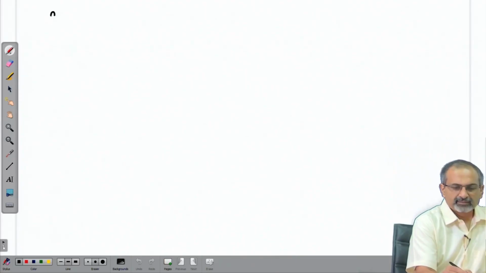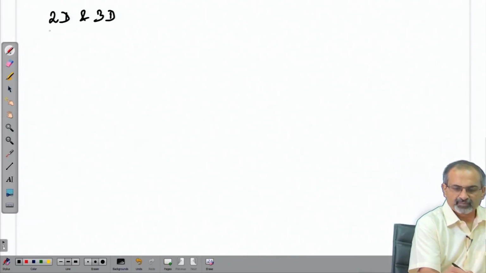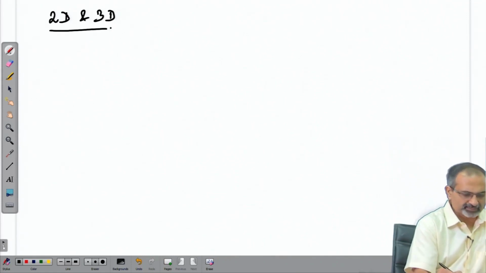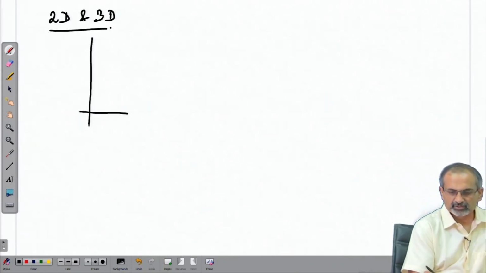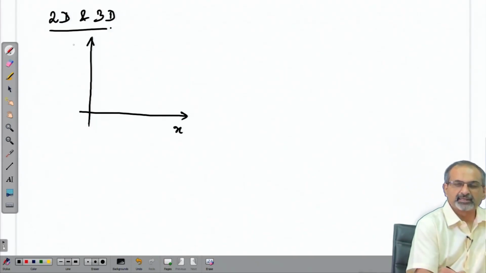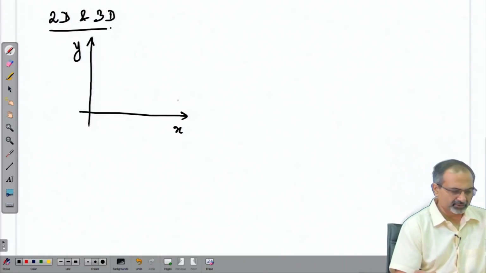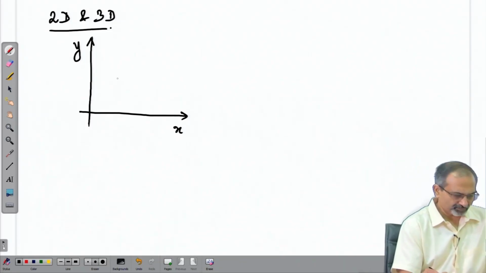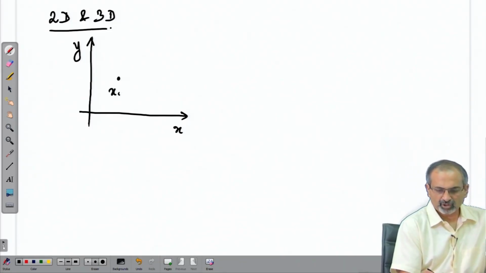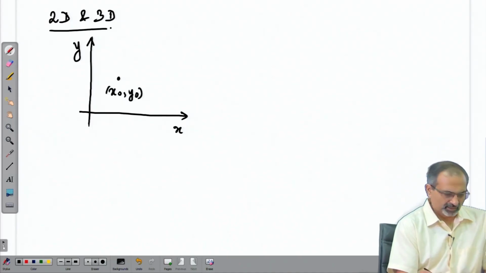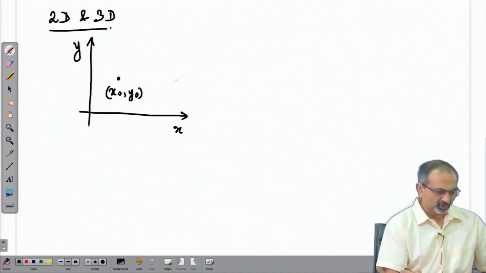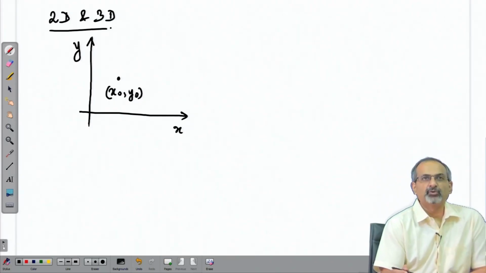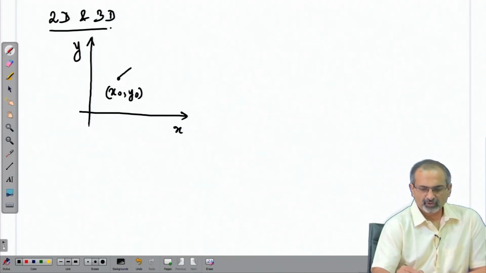So, it must be clear to you already that we could have streamlines defined both in 2D and 3D space. It is much easier to do it in 2D though. So, let us say if it is in the xy plane that you are looking at a streamline, you have the x naught, y naught coordinates through which the streamline crosses, say at t equal to 0, and then you follow the streamline.